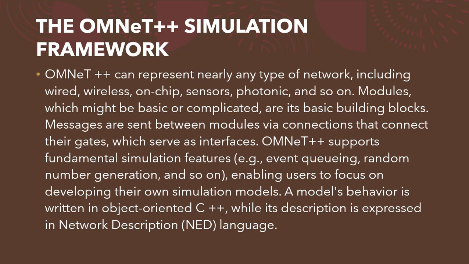Messages are sent between modules via connections between their gates, which serve as an interface between two modules. OMNeT++ supports fundamental simulation features, for example event queuing and random number generation, enabling users to focus on developing their own simulation models.